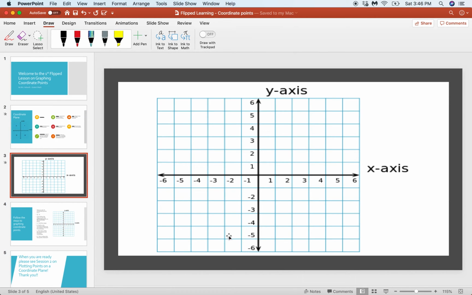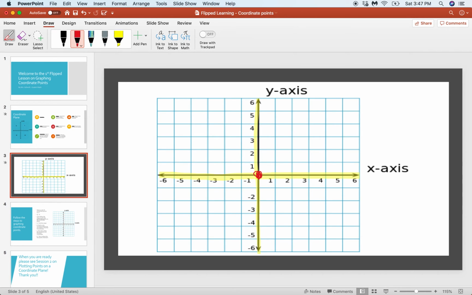All right, so let's take a look at our coordinate plane, and I'm going to highlight this. The first thing I want you to recognize is that our x-axis is horizontal. It goes from left to right, or from east to west, and then we also have our y-axis, which goes north to south. Our origin always represents 0.